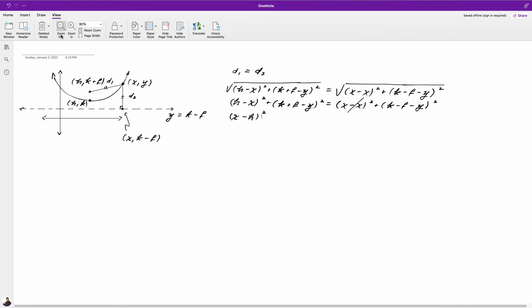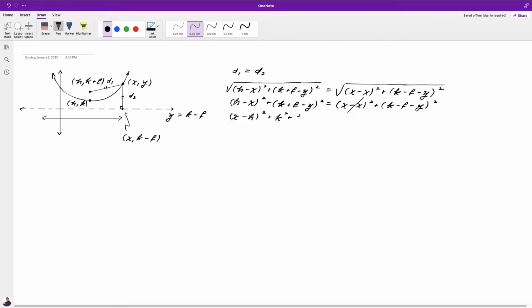Let's zoom out here, and let's go ahead and expand. So this expanded becomes the following. And then the right-hand side is going to give us the following.